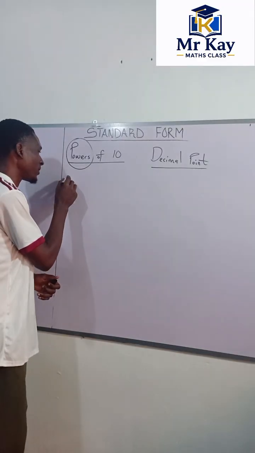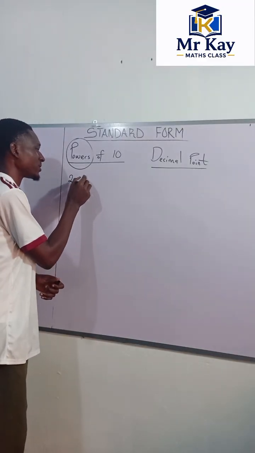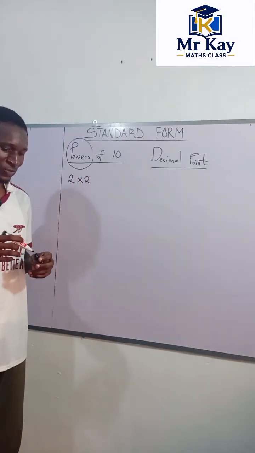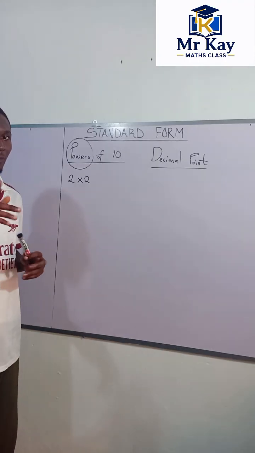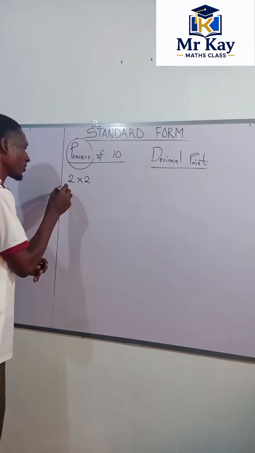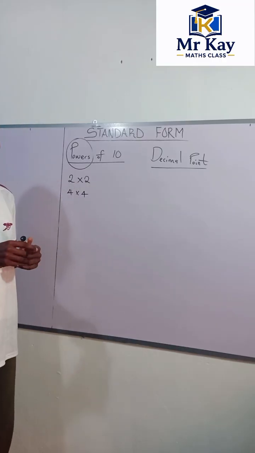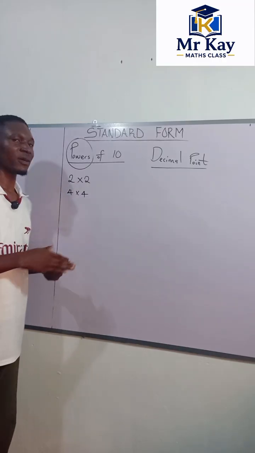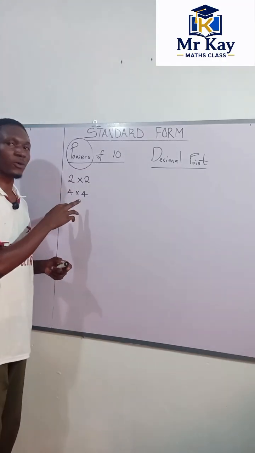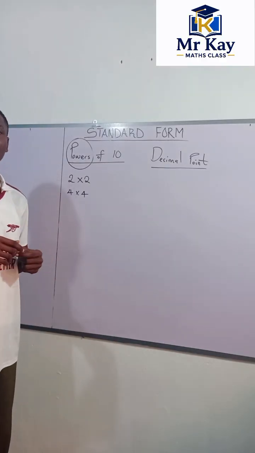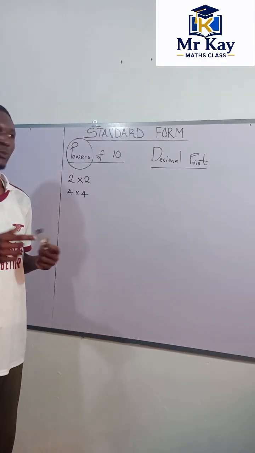For example, 2 multiplied by itself, you have raised 2 to a power, but we don't know what power. 4 multiplied by 4, we have raised 4 to a power. Which power did we raise it to? We don't know.